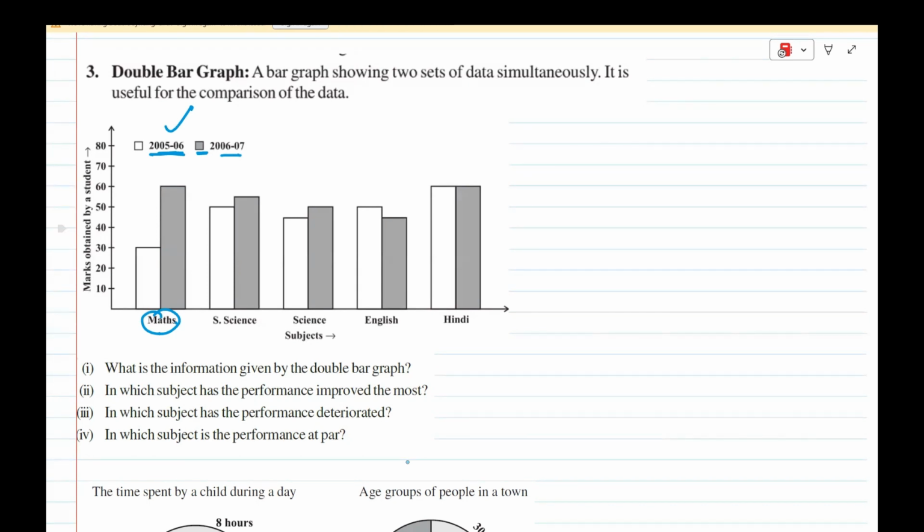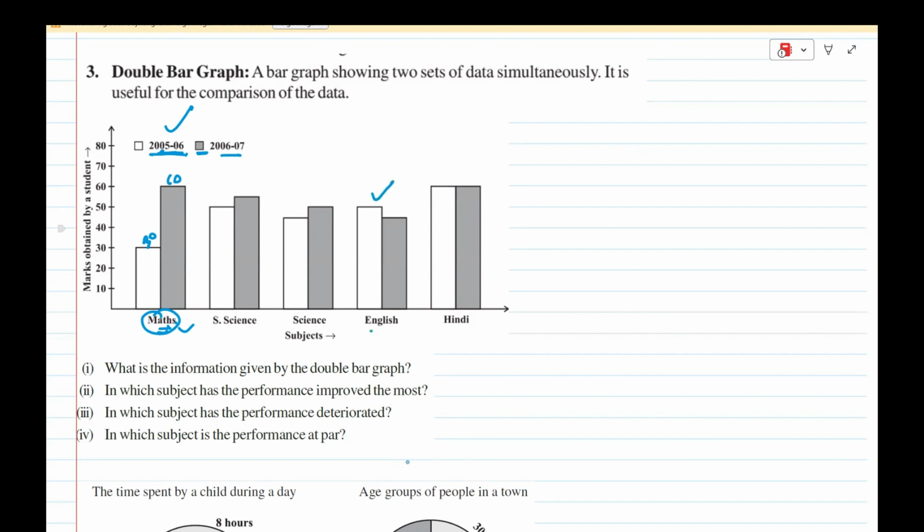So there is a student who scored this much, that is 30 in the year 2005-2006 in math subject, and in 2006 and 7 he scored 60 marks, means the marks are double in math. Same way in science, we can see the improvement.